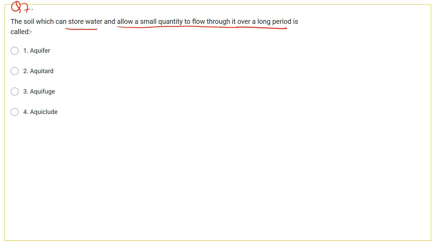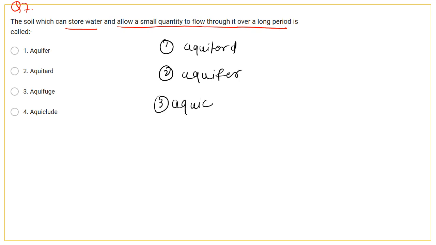First one is aquitard. Second is aquifer. Third term is aquiclude. And fourth one is aquifuse. Okay, remember the order: first aquitard, aquifer, aquiclude, aquifuse.